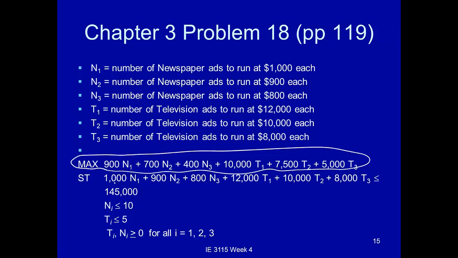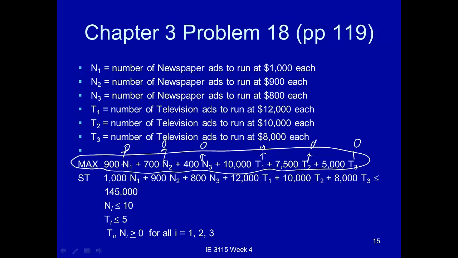Then let's think about it. What we don't want is N2 starting to increase. So let's imagine when we put the problem in Excel, their initial values are all 0, right? These are all zeros. And the solver will find the values that maximize the objective and satisfy those constraints.